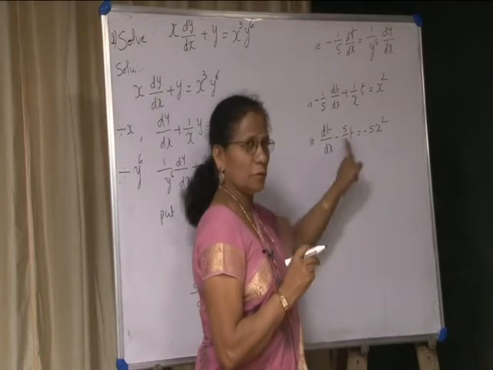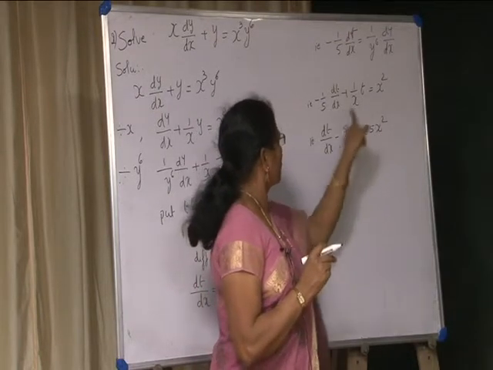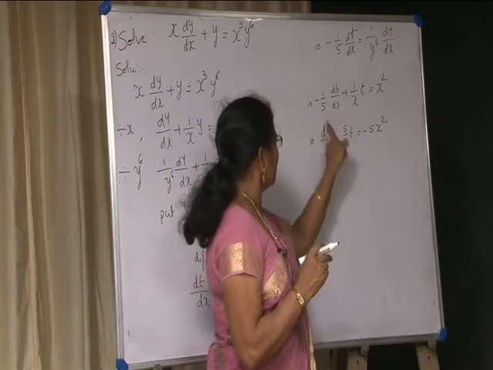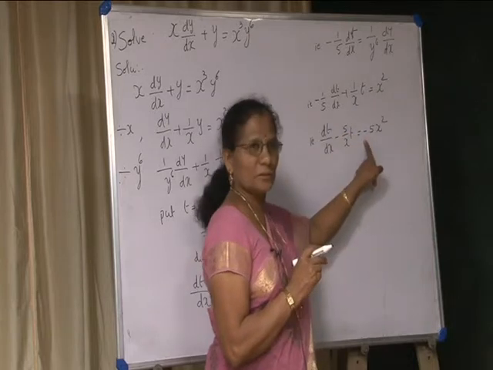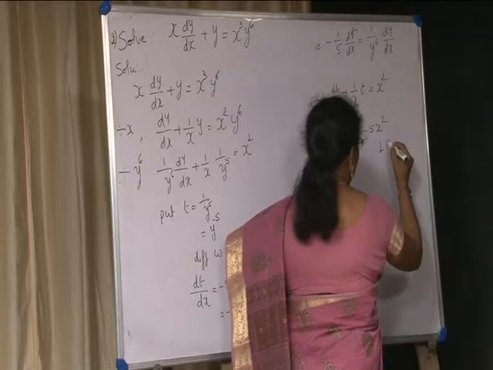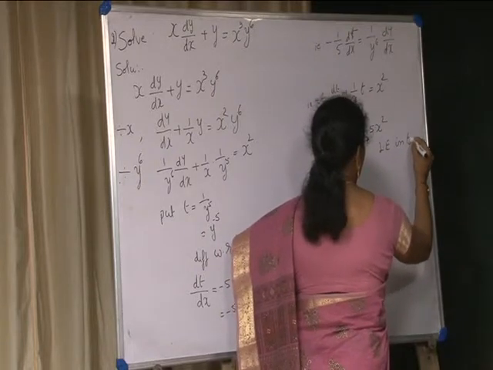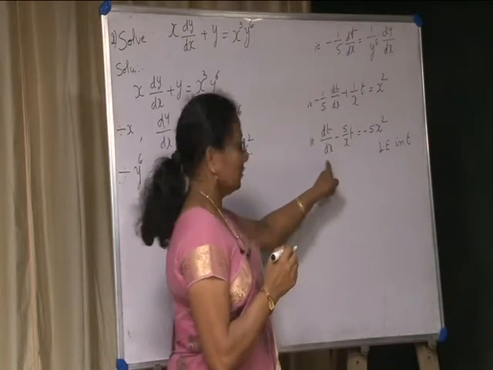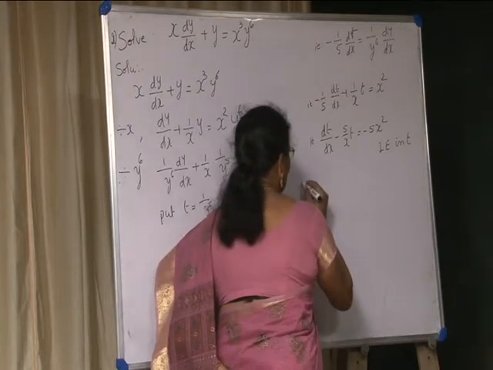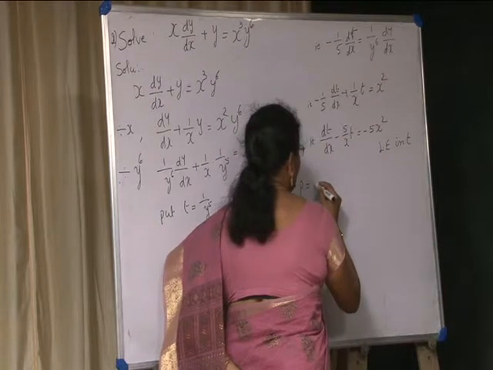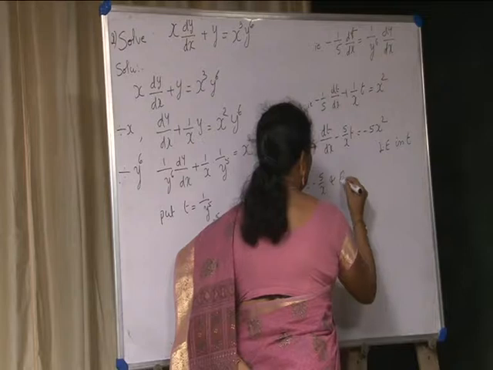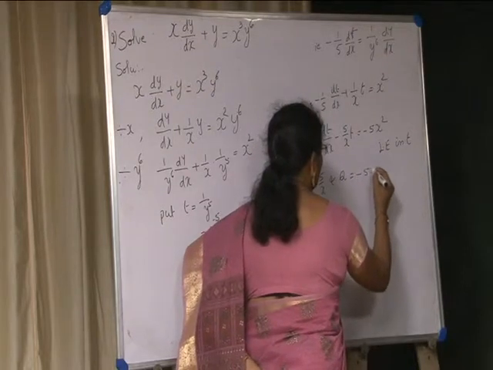Minus into minus is plus, plus into minus is minus. So, this is a linear equation in t, where P is equal to minus 5 by x and Q is equal to minus 5x squared.